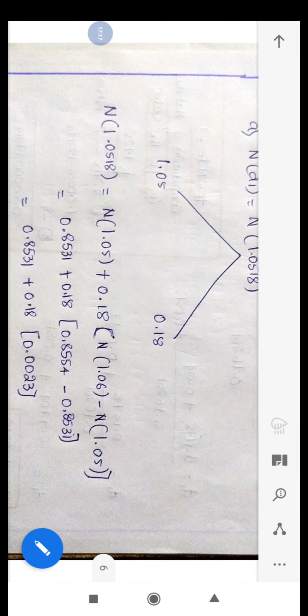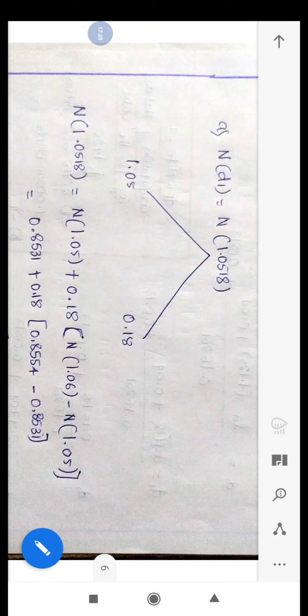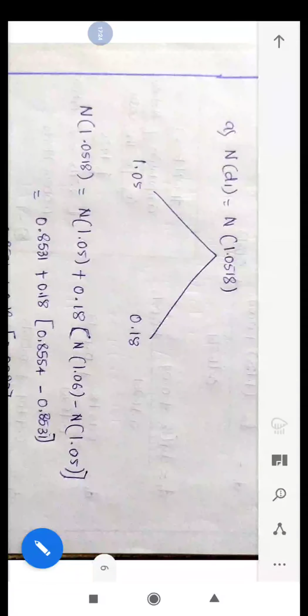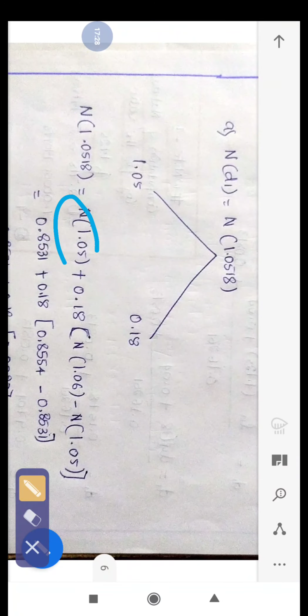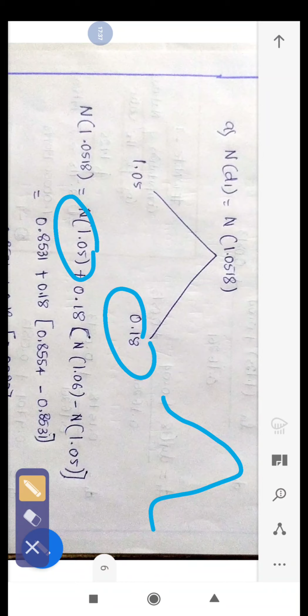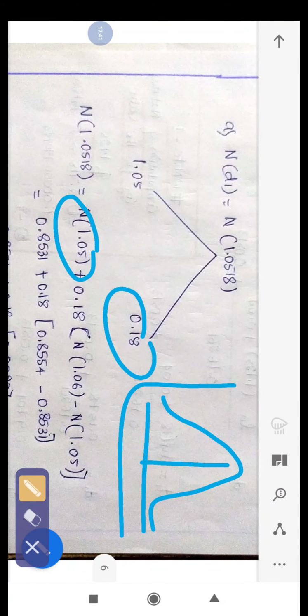So here N equals N(1.05) plus 0.18. So here if we see the normal distribution, 1.05 and 0.18.